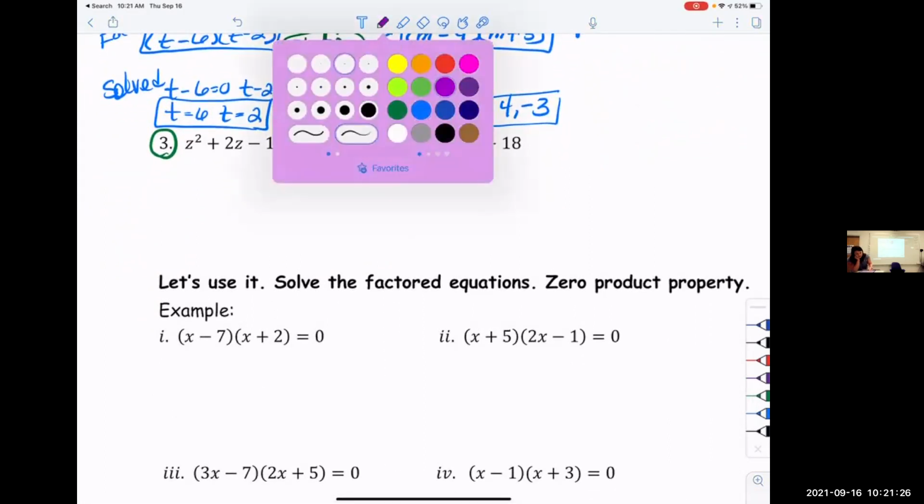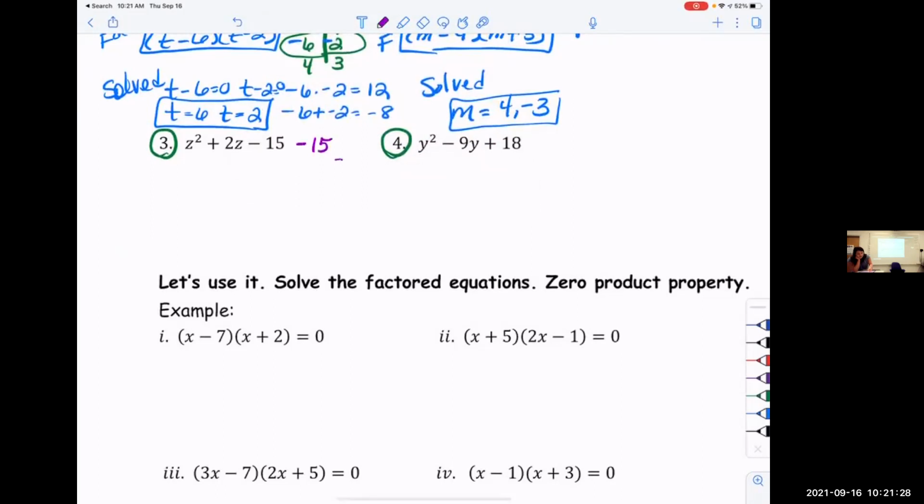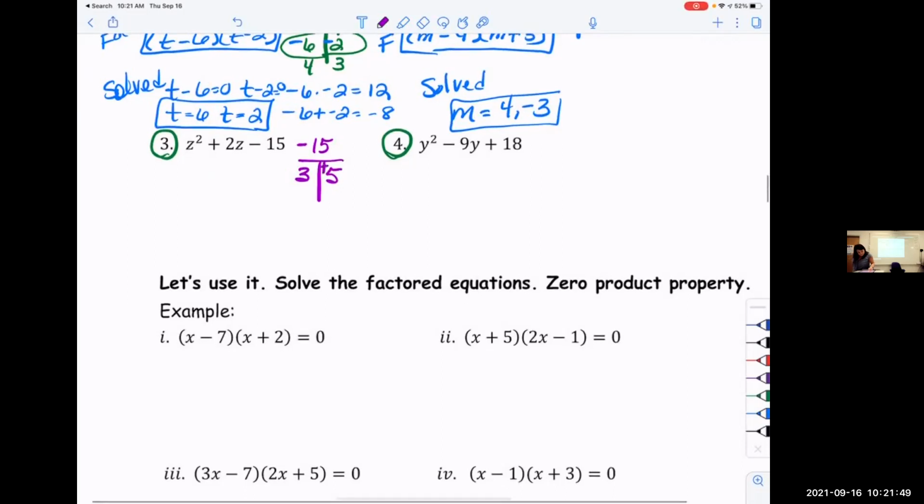Let me switch color so it doesn't all blend. Factors of 15 that will give me a 2, 3, and 5. Once you figure out the numbers, you've got to figure out the signs. So I've got to subtract to get a 2. So that means opposite signs. King of the hill needs to be positive. So bigger number, positive.